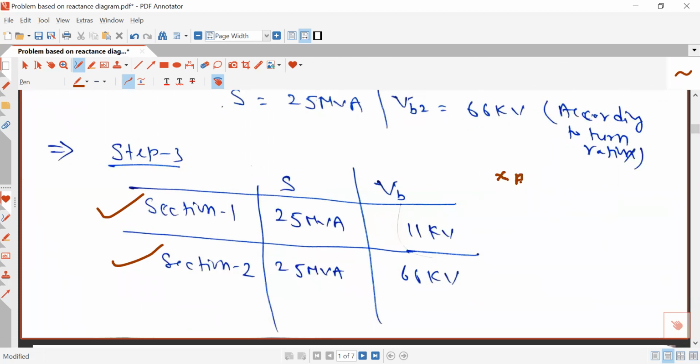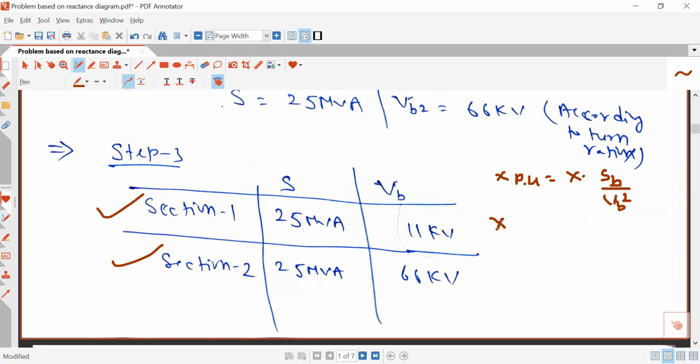is X per unit will be equal to actual value of the reactance into SB by VB square. And already I discussed how you will change the base value.